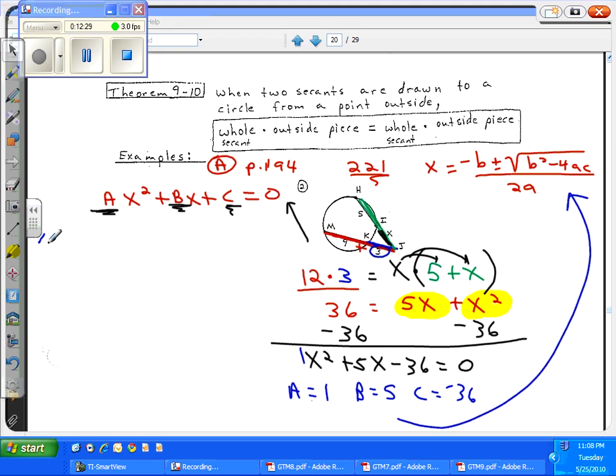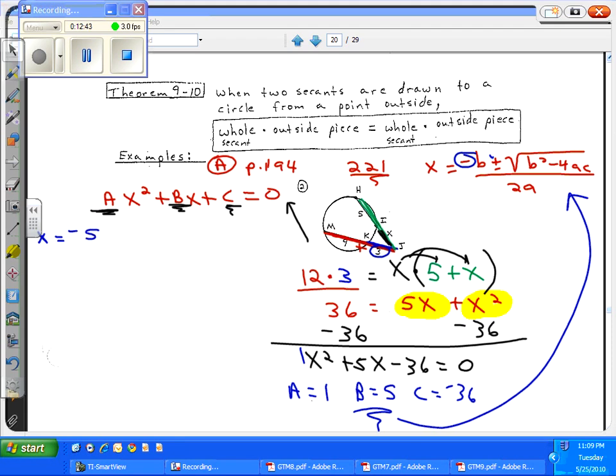We're going to plug those numbers into the quadratic formula and solve. So we're going to get x is equal to the opposite of b. B was a positive 5.